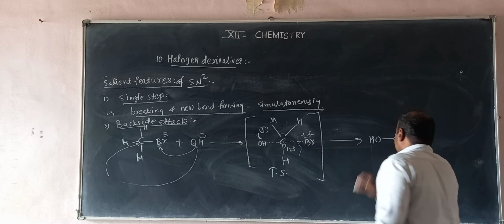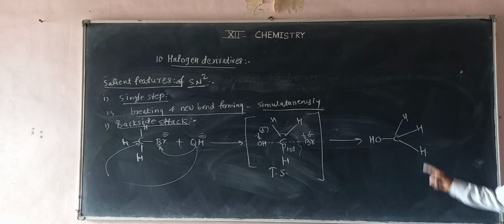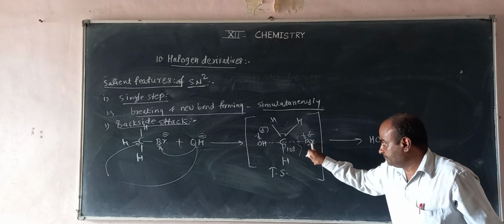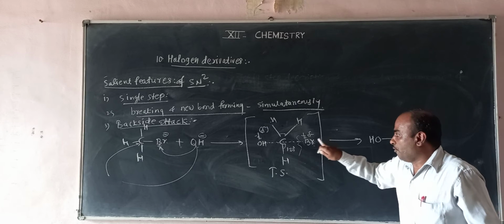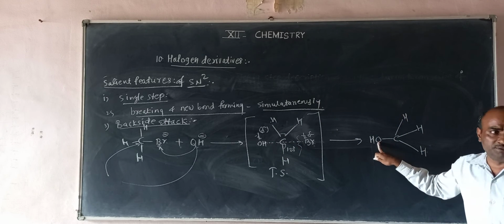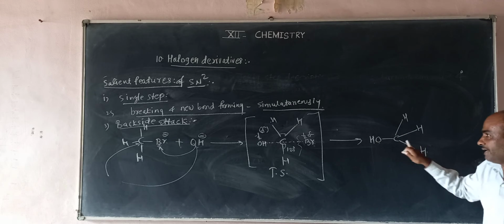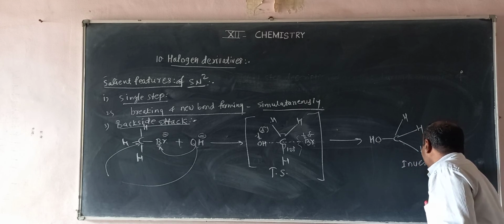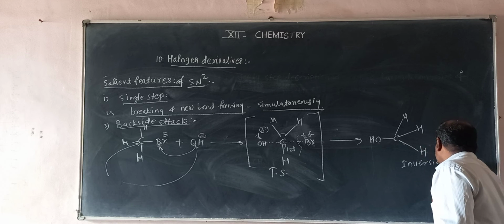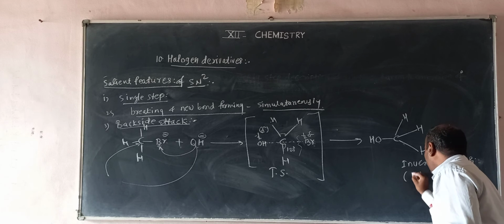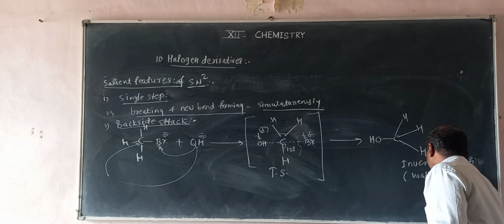atoms like that. See here, observe there. This is the leaving group, that is the Br atom. The bond is formed at the exact opposite position to the leaving group. That's why this type of configuration is called inversion of configuration, or the Walden configuration.